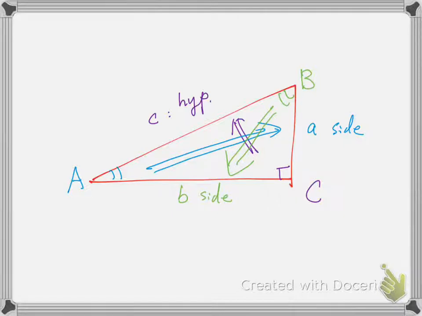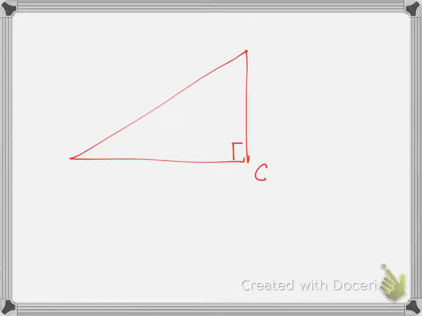Now the definition of trig functions. Let me draw the right triangle again. So now we know here is C, here is A, here is B. Let's use blue color to emphasize the angle A. When we talk about the trig functions, first we have to talk about the angle of the trig function.